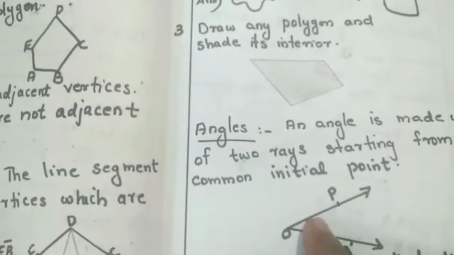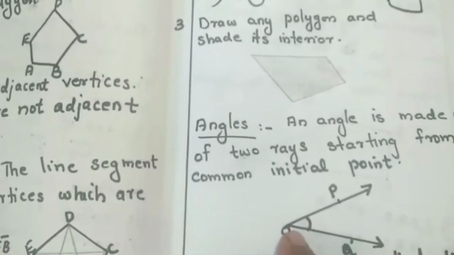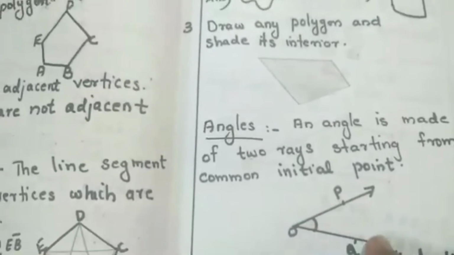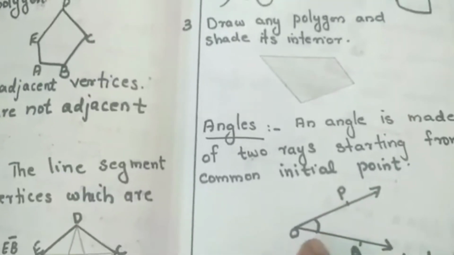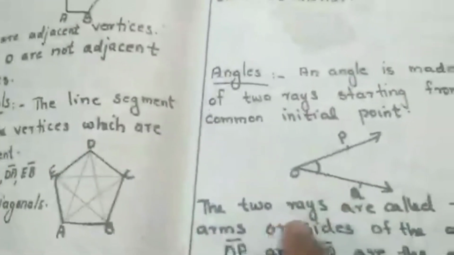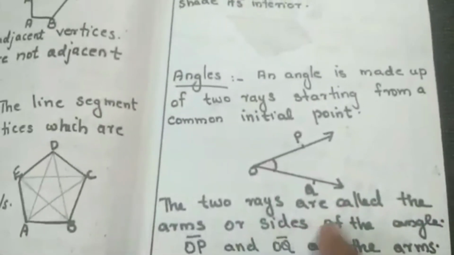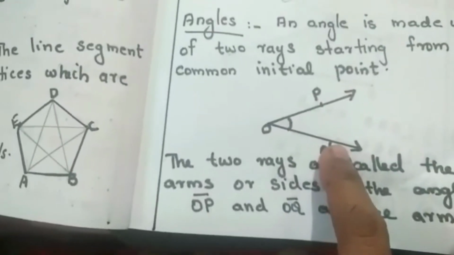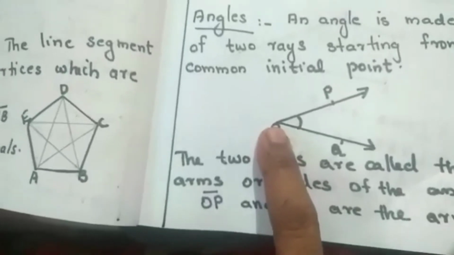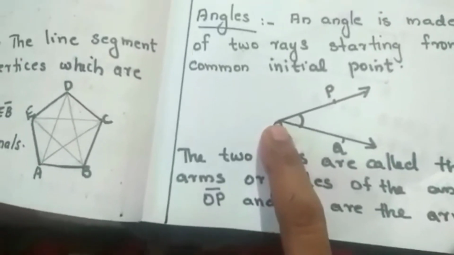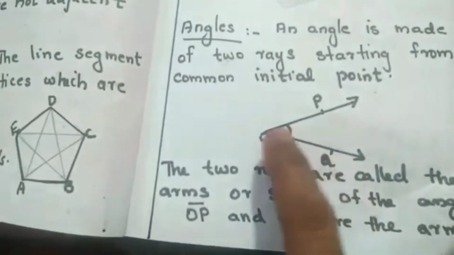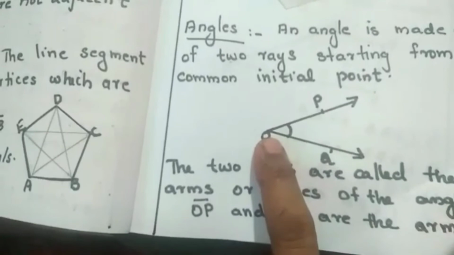These rays are the sides or arms of the angle. We name this angle either by the letter O, angle O, or by using three letters, POQ. But remember, the angle's vertex should be in the middle.